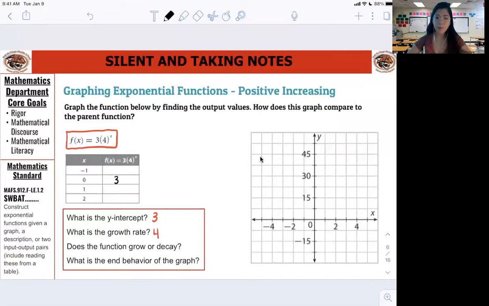So when you make your graph, when you make your x-axis and your y-axis, you're going to want to go by 15s, just like they have it here. Okay. So the y-intercept is 3. Now I'm going to plug in my 1. I'll start going down, and we'll go to the -1 later.